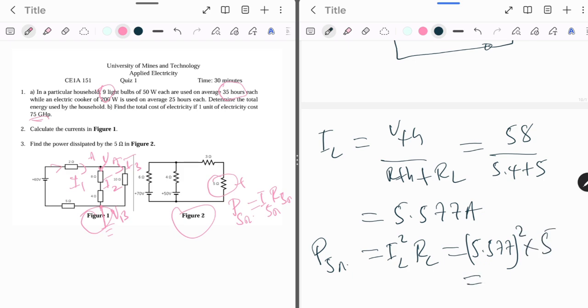And that is going to give me 1.515 watts. So this becomes our answer for power. Okay, so like I said, I'll be uploading this on YouTube, so you are going to see the solution there.